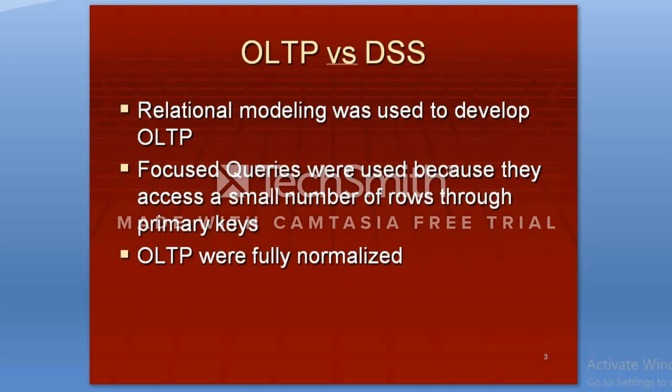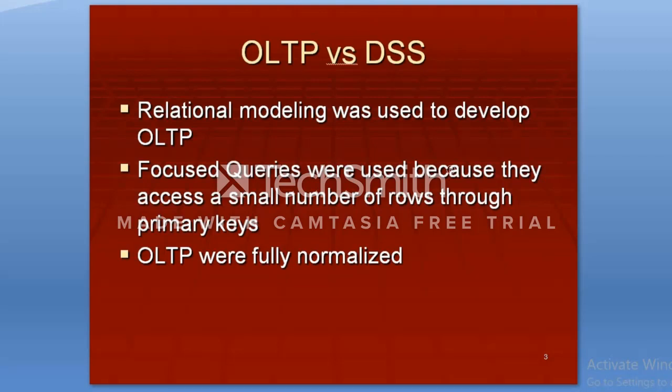Another point is that OLTP systems were fully normalized. I already discussed that OLTP systems are made using relational modeling and ERD techniques. So when we develop a database using a relational model, we try to make it fully normalized. Why do we make it fully normalized?